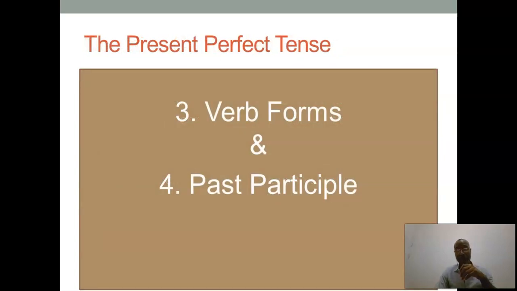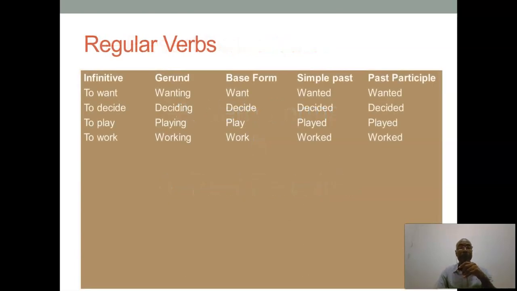All right, right now we're going to look at verb forms and past participle. Now, regular verbs. Let's look at regular verbs first. By definition, a regular verb in English is a verb whose simple past and past participle are the same and they both finish with the ed form.